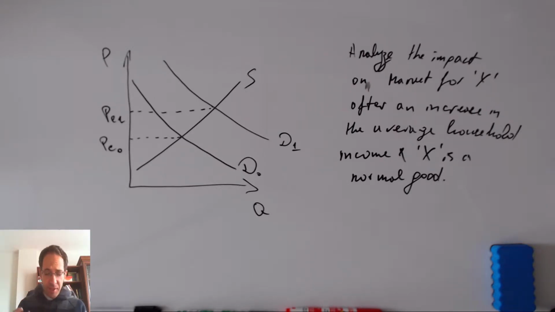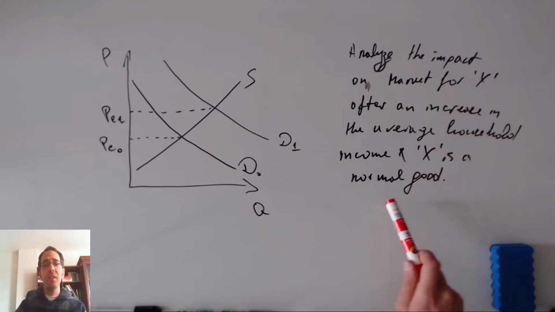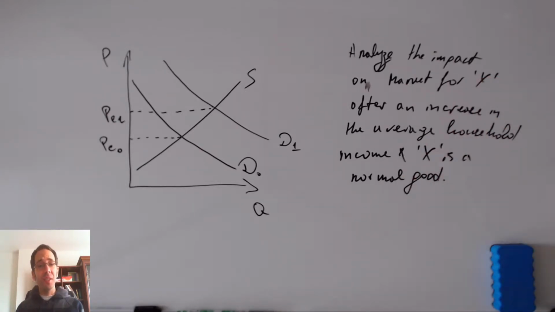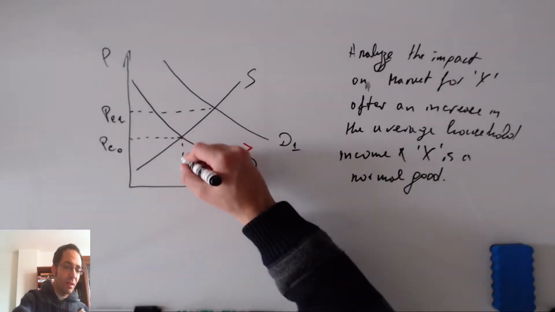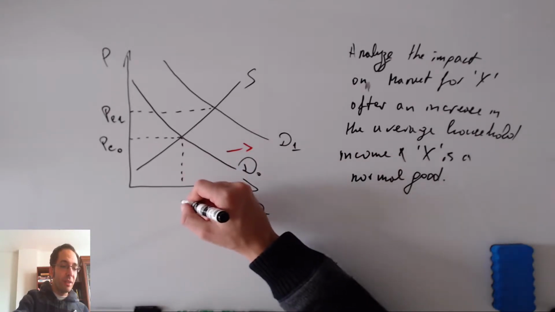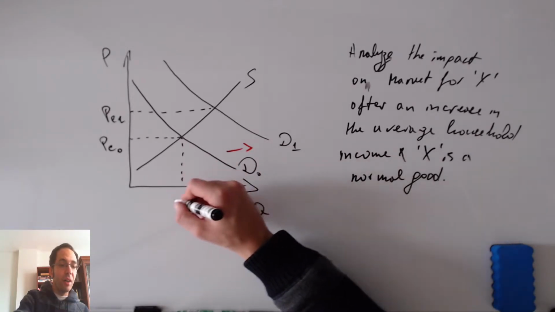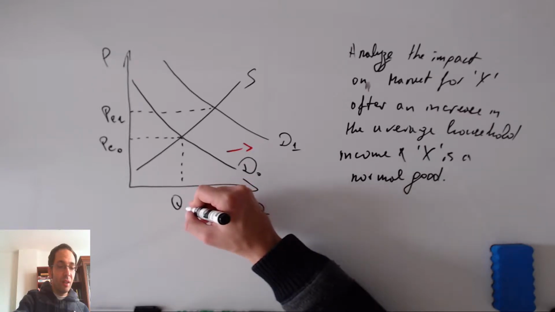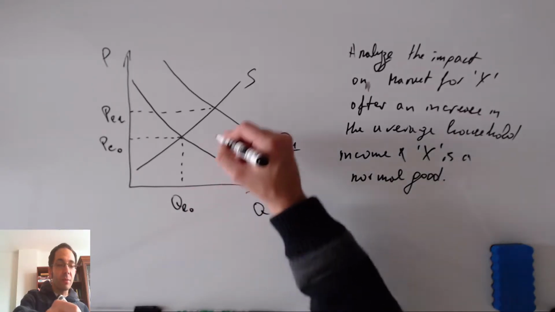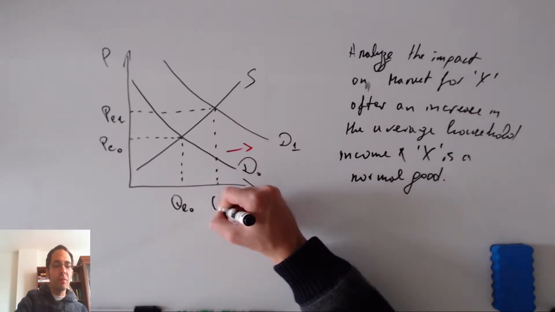So what I've seen many students do is they would kind of figure out that if X is a normal good and income is rising, demand would increase, and thus, we can illustrate this by a shift of the demand curve from D0 to D1, and then they say, well, because of this, the price will increase from PE0 to PE1, and the equilibrium quantity would rise from QE0 to QE1, and then they would stop.